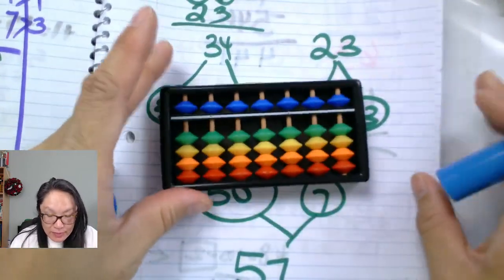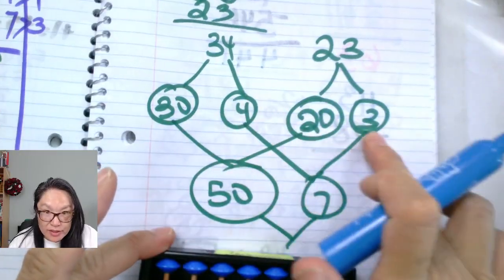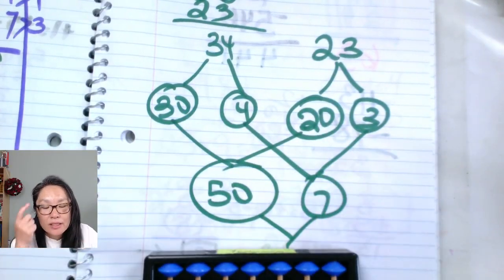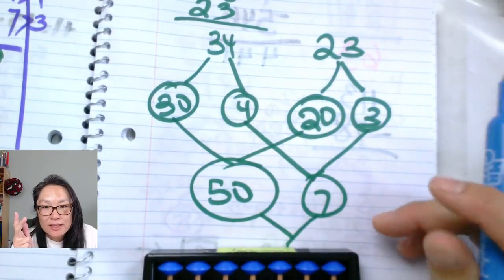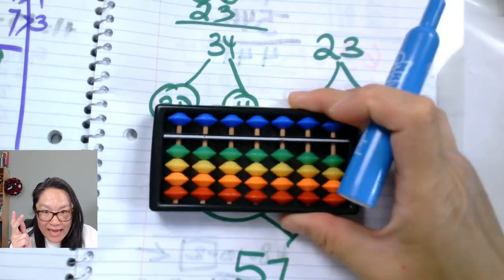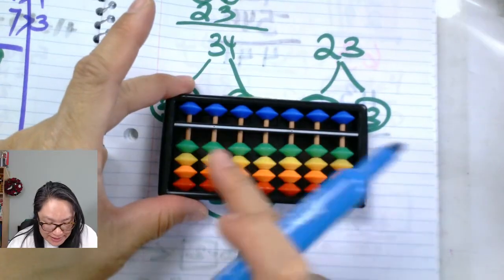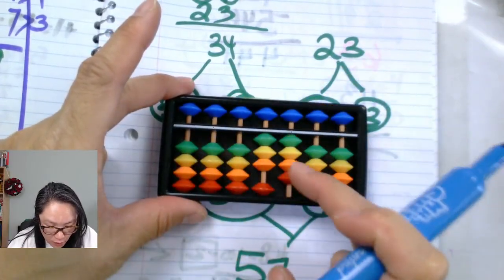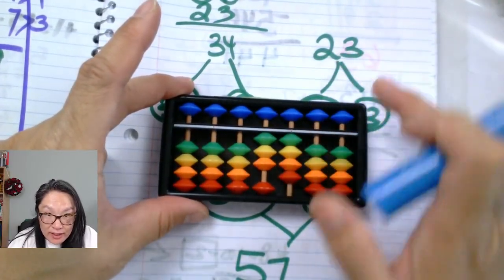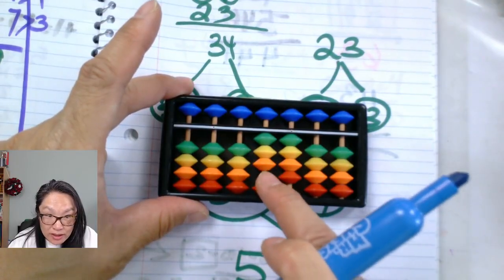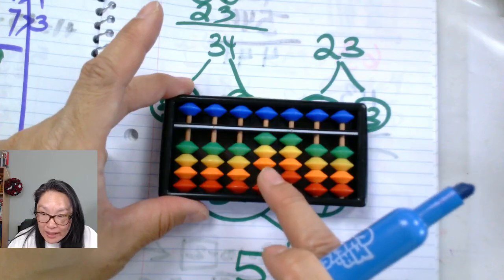Because if we do it on the abacus, they broke it up into 10s and 1s. But see, that's what I'm saying. The difference is they're doing it on paper. On the abacus, we don't need to, right? We could see it. So if I did 34 and then want to add 23, to add the 20, how do I add 2?